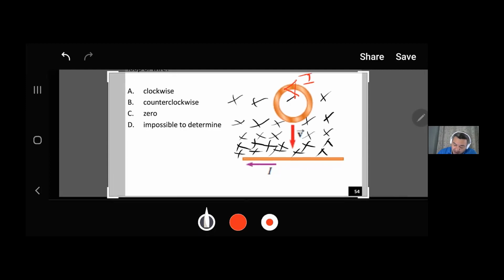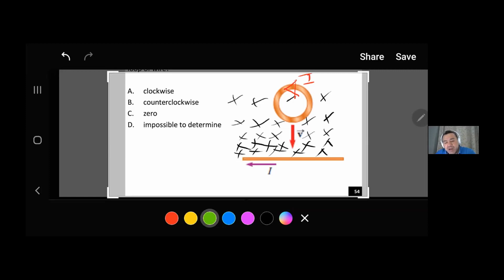Now, what's going to happen to the magnetic field below the wire? If the magnetic field above the wire will be pointing into the screen, for the opposing magnetic field, the right-hand rule here is between the current and the opposing magnetic field.